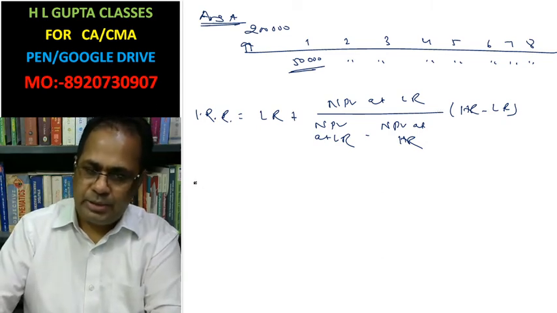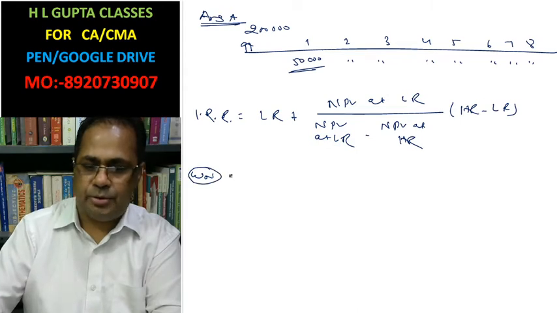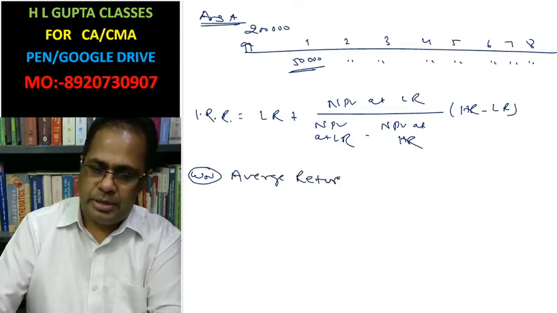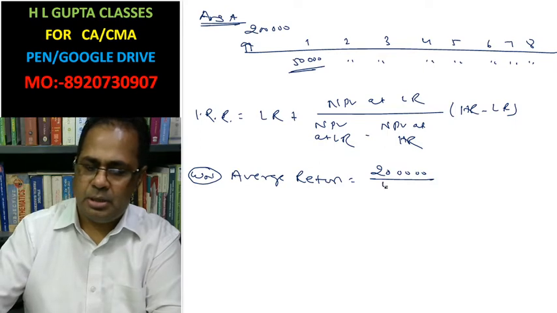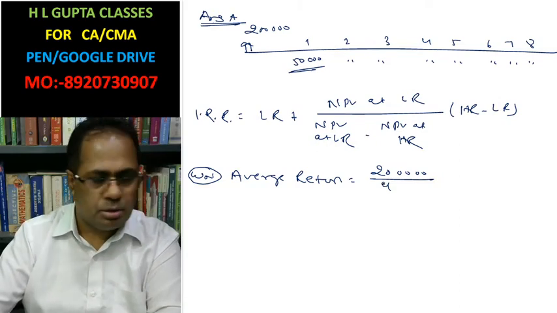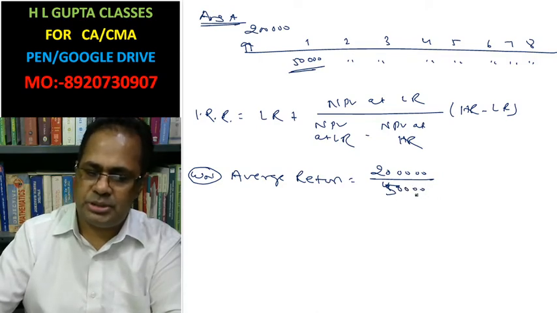For this you have to calculate working note, average return. That is, 2 lakh investment, and a year 50,000 is inflow.